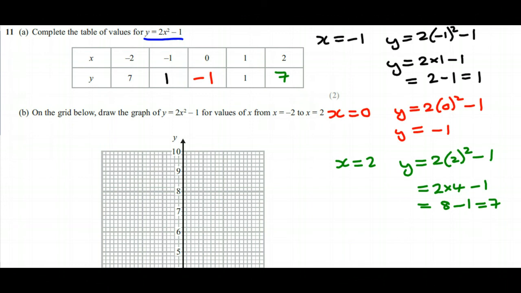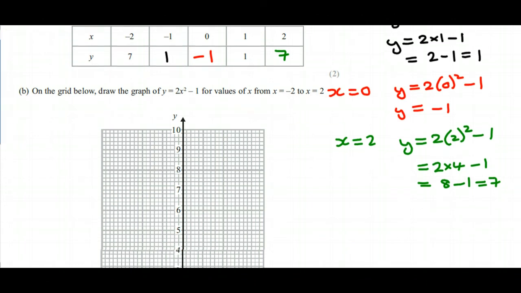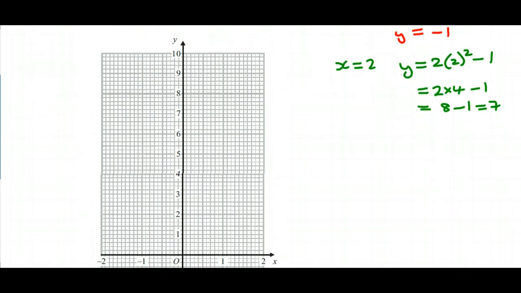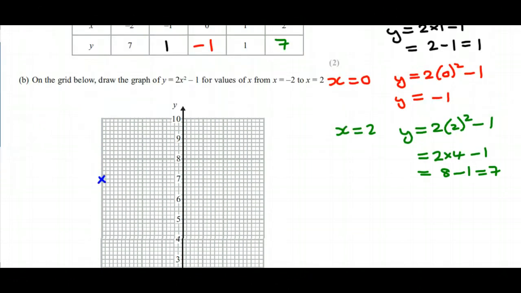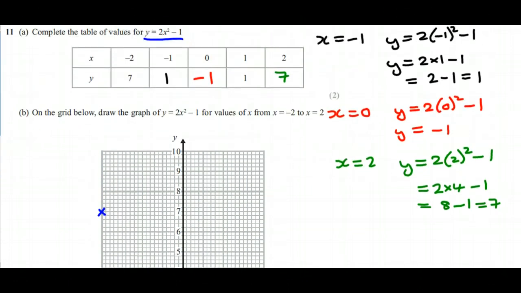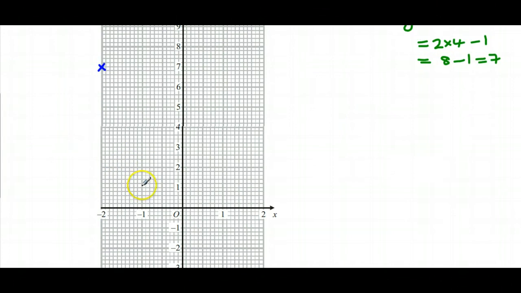What we now need to do is plot those onto our graph. So the first coordinate, when x is -2, y is 7. When x is -1, y is 1.